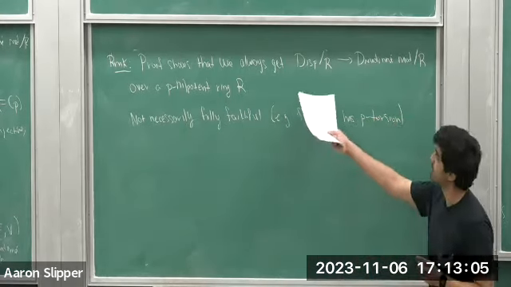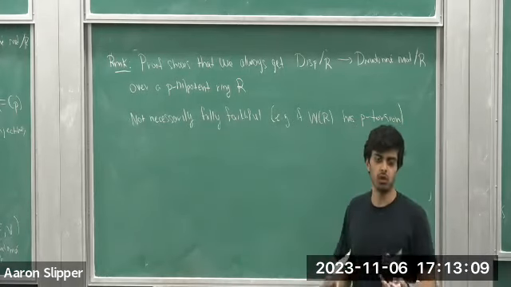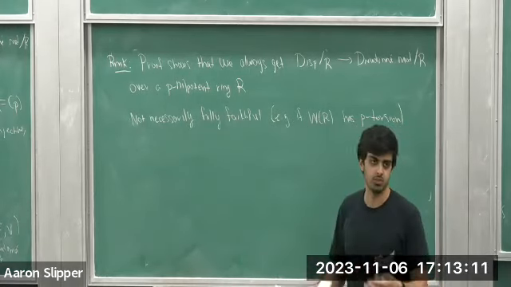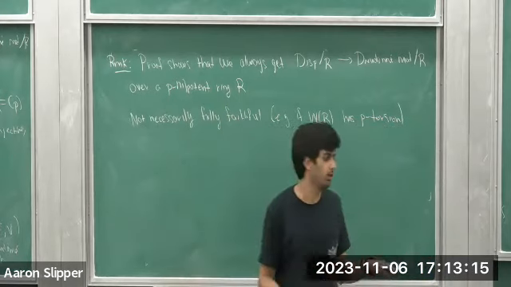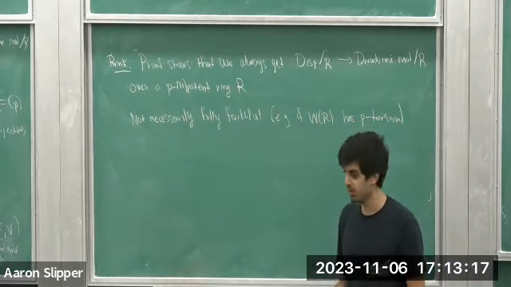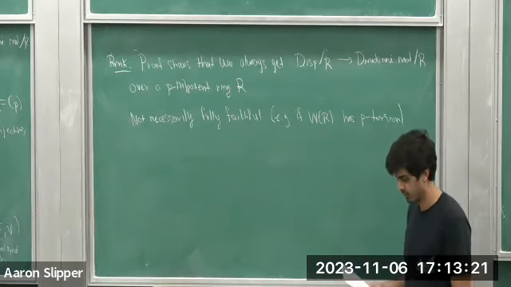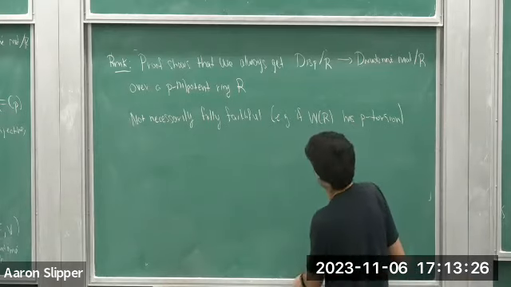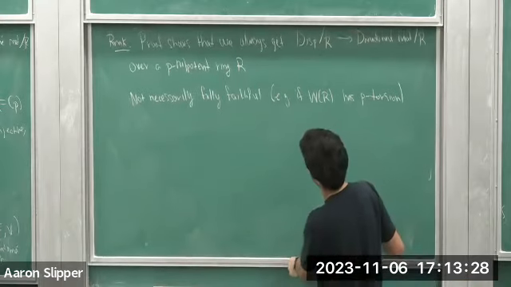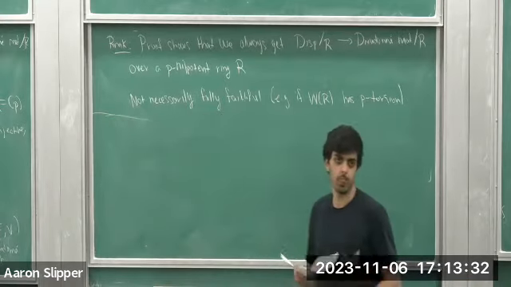I guess the point I'm trying to make here is just that this tells you conceivably how you get more information by passing from displays to Dieudonné modules, because there can be multiple F1s which give you the same P times F1 in the presence of P torsion in the vector. Are there any other questions?